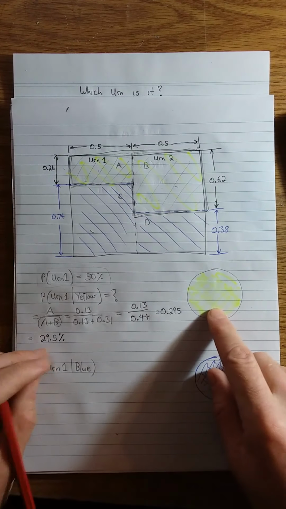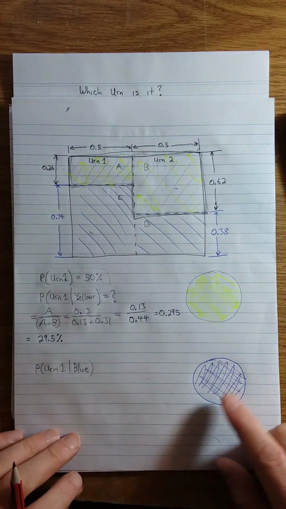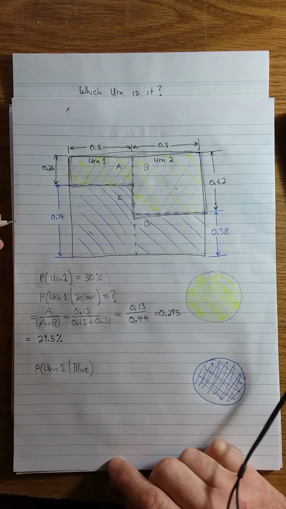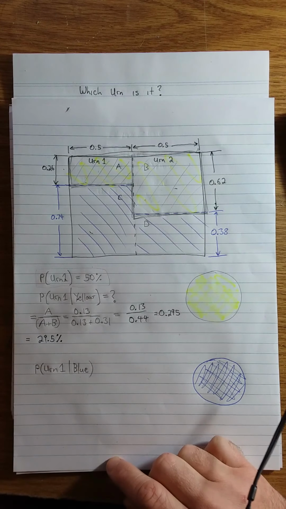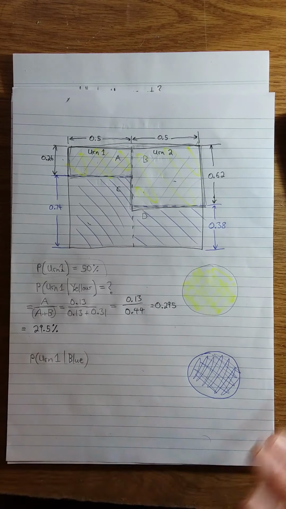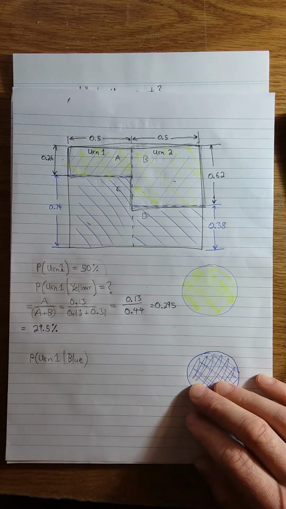Now we're going to pretend that we never saw that. We're going to pretend our first ball was a blue ball. So what if we had drawn a blue ball as our first piece of evidence?